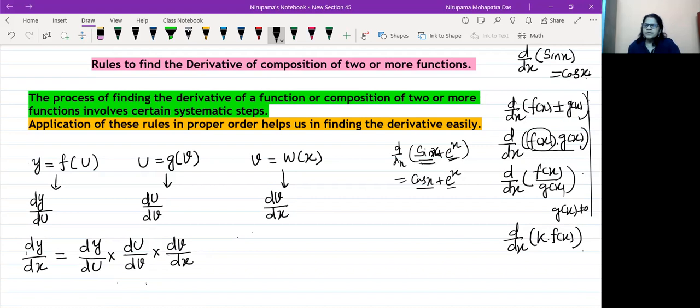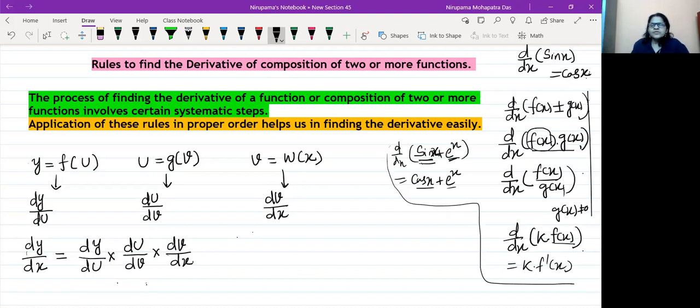Also d by dx of a constant times f(x) equals k times f dash x. Before we start the chain rule, obviously we need to know all these things.